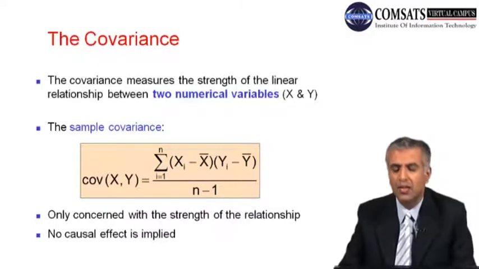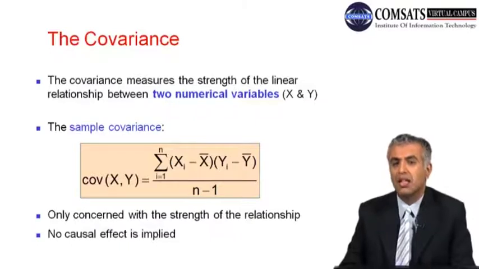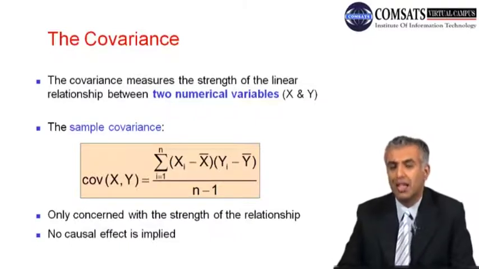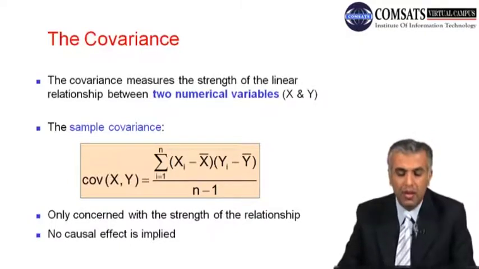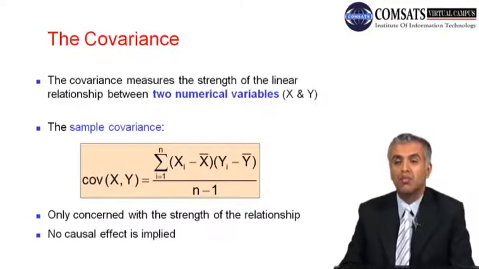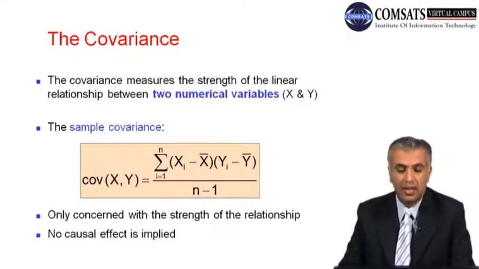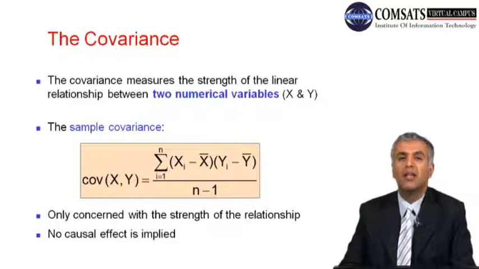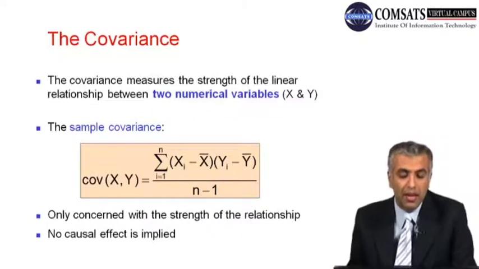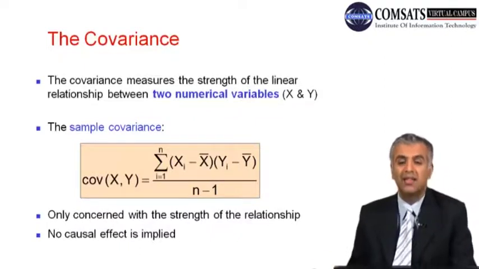The second disadvantage is that covariance gives us the number in the same unit in which the two variables were, because of which the covariance figure cannot be compared with covariance figures of other entities.